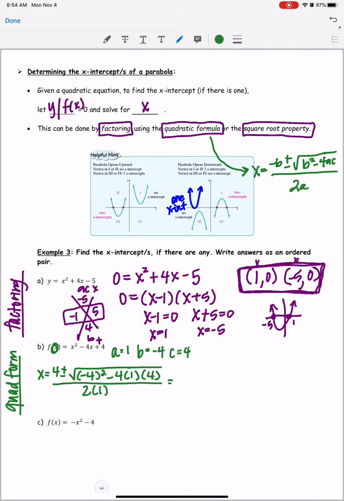So when we simplify, we've got 4 plus or minus the square root of something, all over 2 times 1 is 2. So put that in your calculator. In your calculator, you're not putting that square root in, right? Because I got the square root right here. You're doing -4 in parentheses, squared outside, minus 4 times 1 times 4.